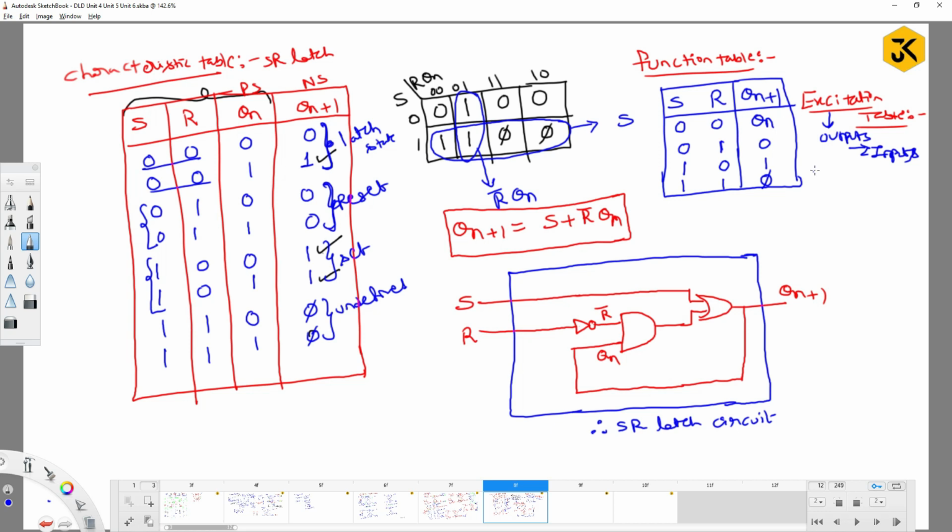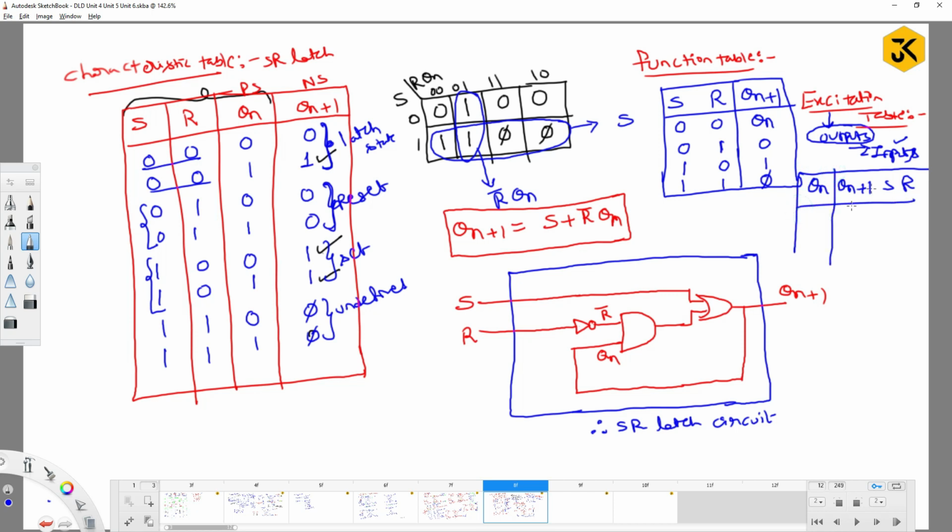So try to observe. If I have a table, what do you have here? Outputs are there for you, and you have to define its inputs. The outputs are: present state is Qn, next state is Qn plus 1. What about its inputs?